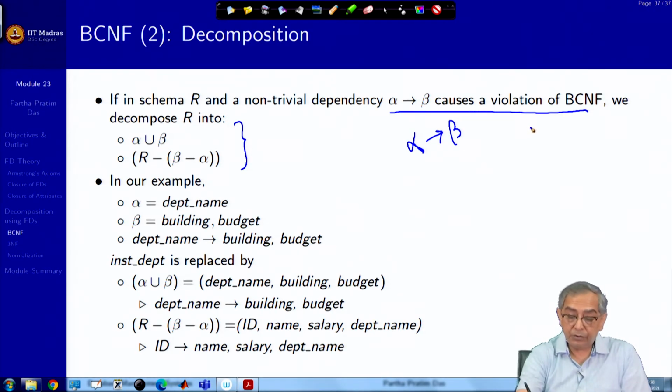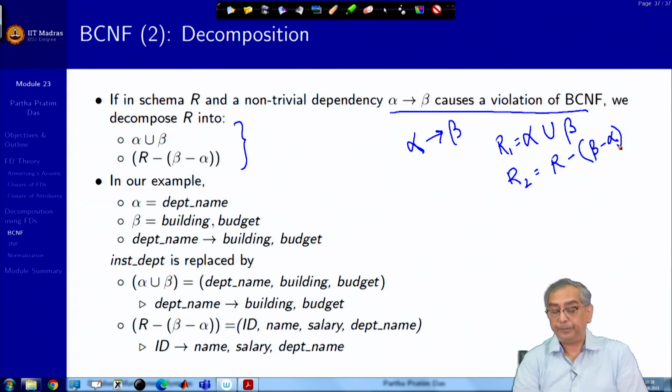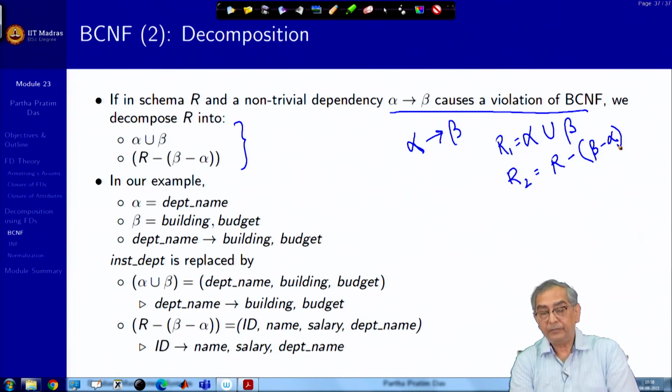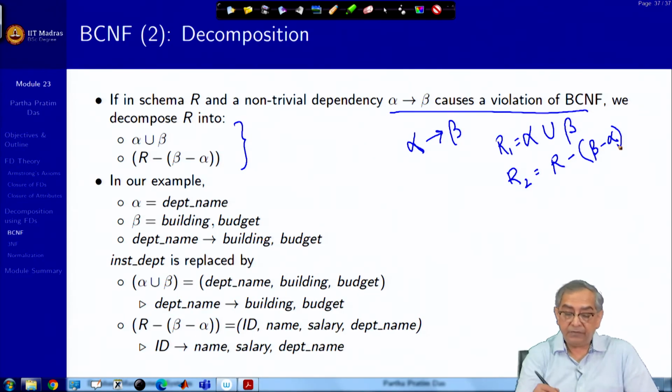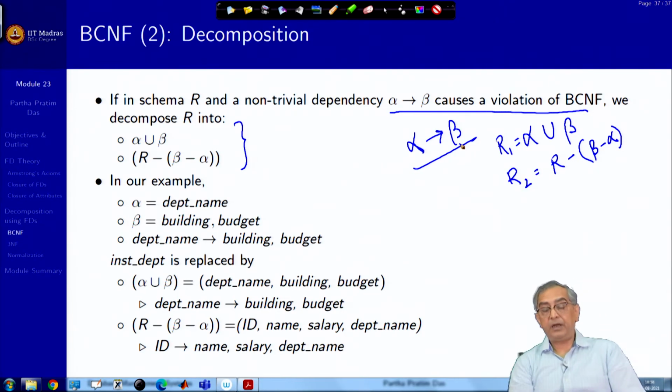How do you decompose? You make one relation which is alpha union beta, and you make the other schema as R minus beta minus alpha. That is, from this violating functional dependency, take the right hand side, take out the trivial part.